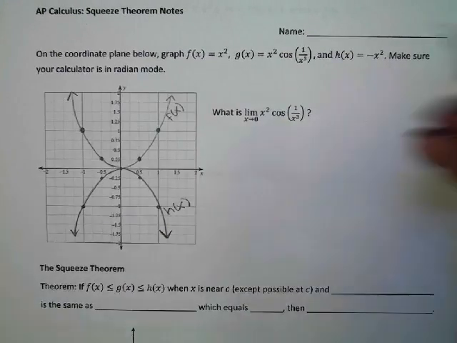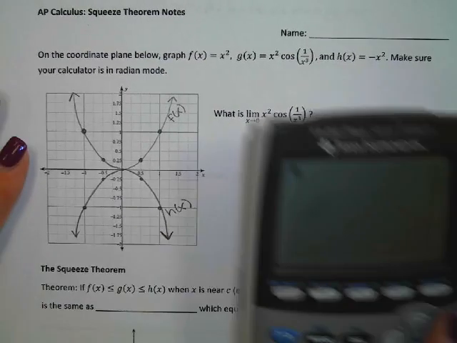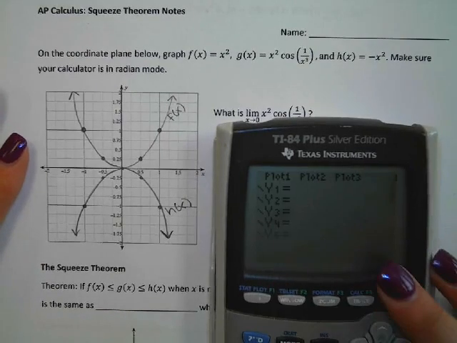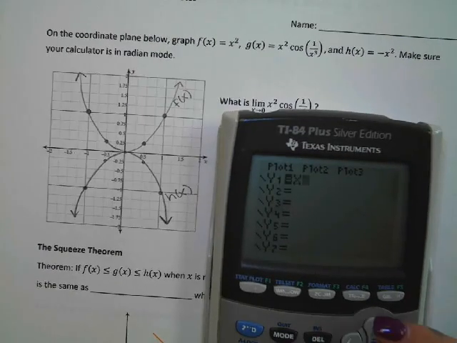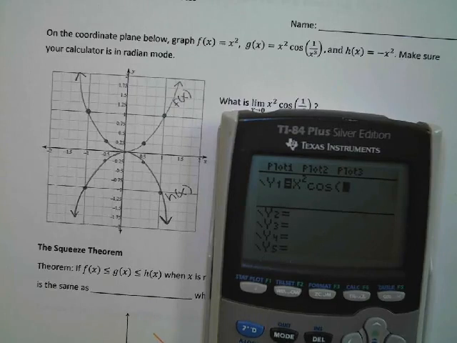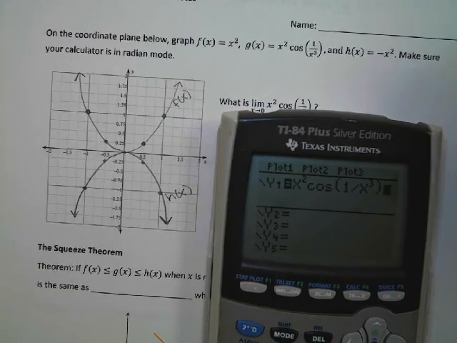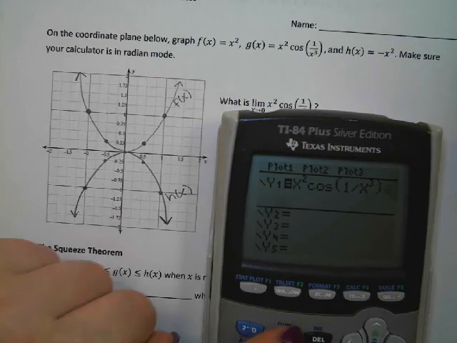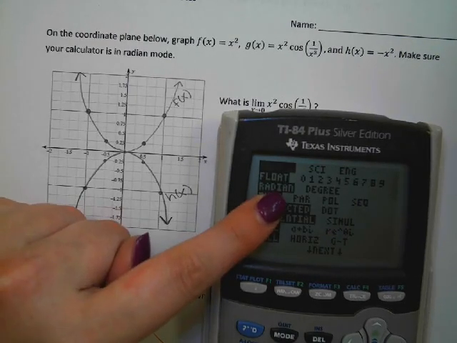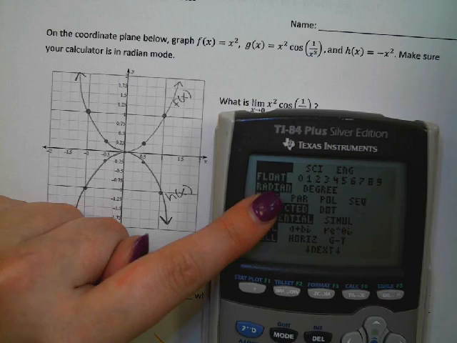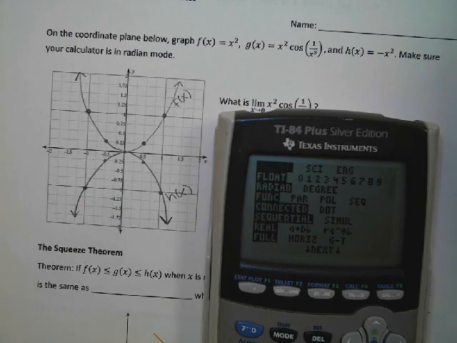And then last, we're going to graph g of x, and this one I'm going to use my calculator for. So I've got x squared times cos of 1 divided by x to the third. To graph this, I'm going to make sure that my calculator is in radian mode. If you were in degree mode, you'd have outputs in the hundreds.